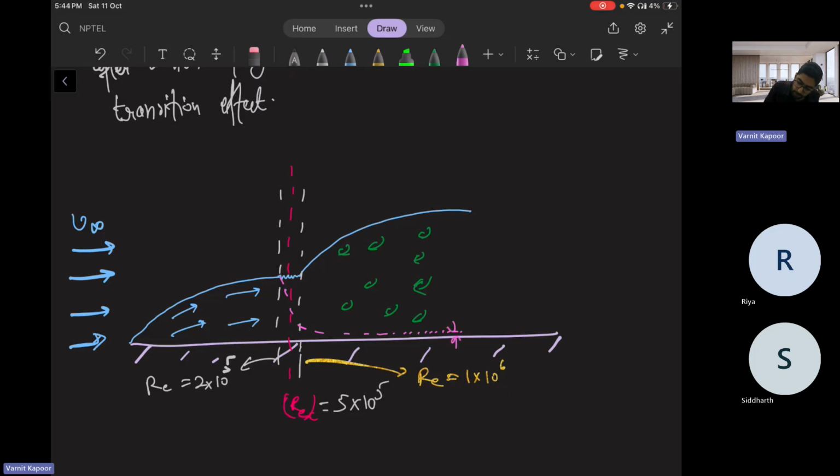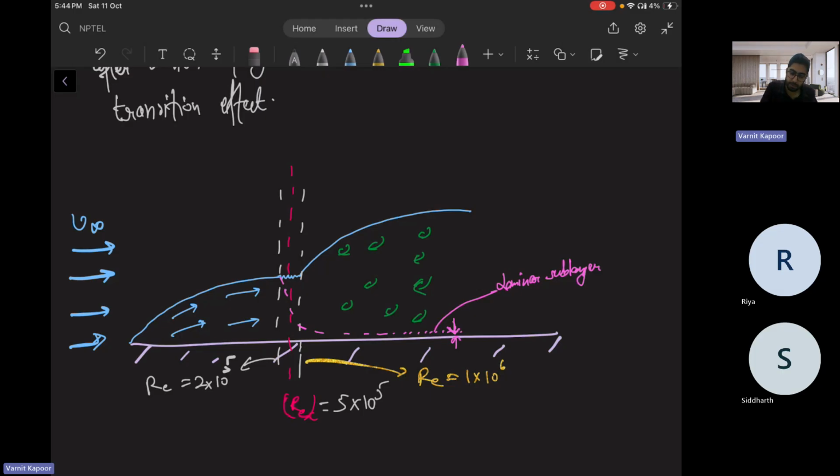That is your laminar sublayer, inside a turbulent flow, up to which the velocity profile follows.